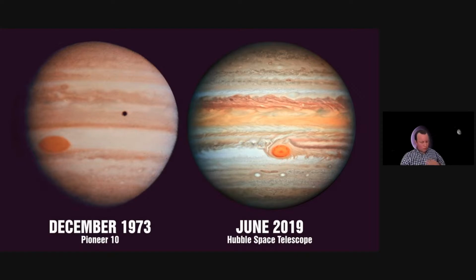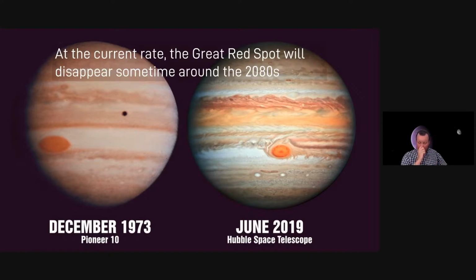We do know though that if it keeps shrinking at its current rate, the Great Red Spot will actually disappear sometime around the 2080s, which is telling us something about the dynamics of these atmospheres. When we look at something like Jupiter and we see the Great Red Spot and all these bands, we think it's been around for 400 years and it's a permanent feature of Jupiter that is definitely going to be there all the time, right?